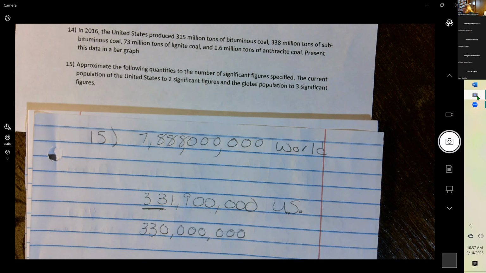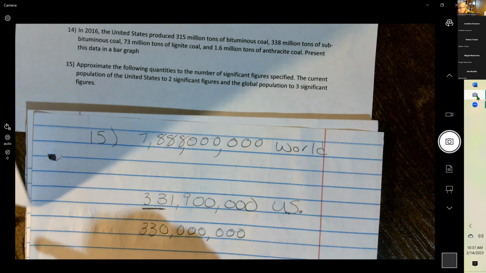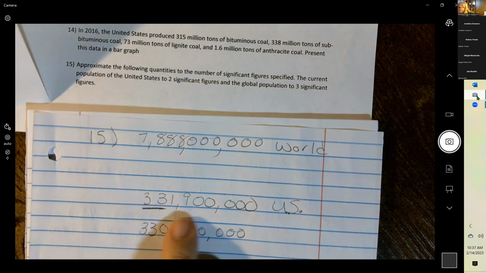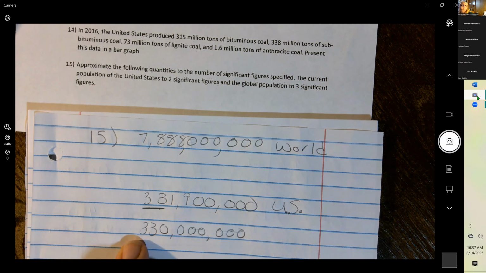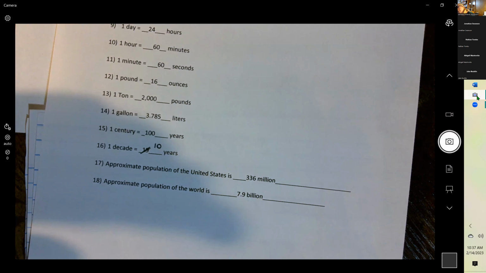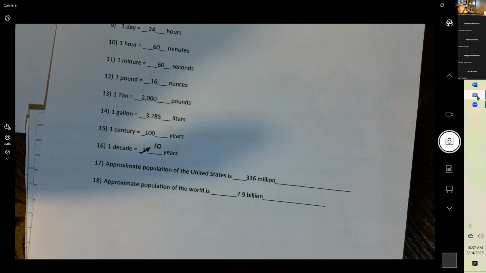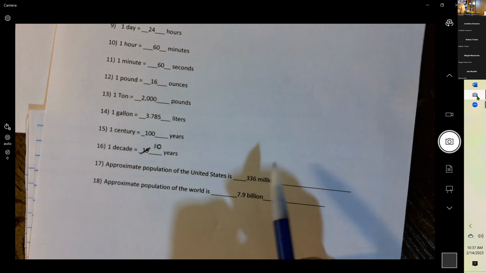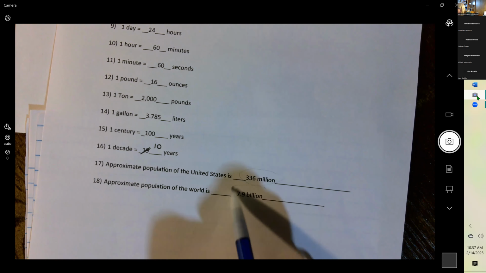is a good estimate for the population of the United States. Is there any questions on that? Well, this is a lot lower than the one I have. That's okay though. Now, when you're estimating on the test, if I told you to find like 1.9% of the population is a high school senior, you can use these.